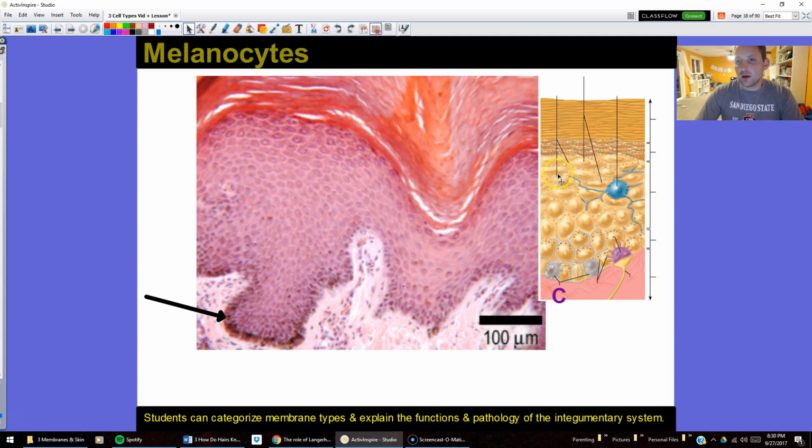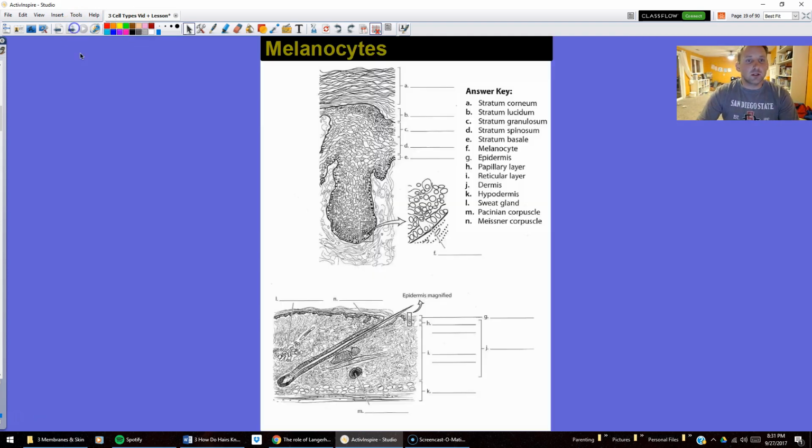So you basically have these factories, the melanocytes, that produce melanin and pump it onto other surrounding cells, which eventually move up as they mature and get older, and eventually die. So your coloration starts in your stratum basale and works more superficial.